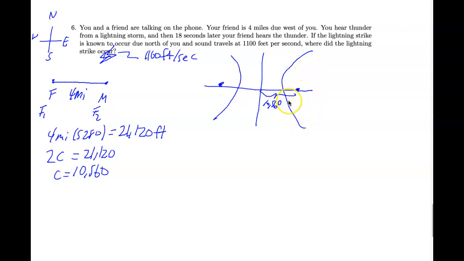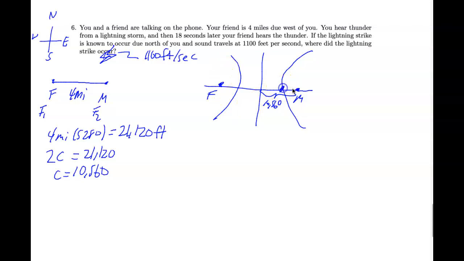All right, so where do we need to go from here? We know that the friend hears the lightning 18 seconds later, and so we need to know what that distance was. Wait, it's not the distance from where I am standing.